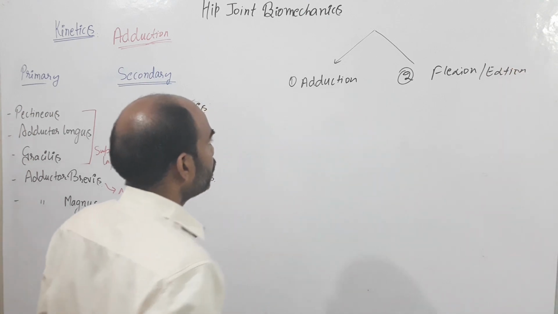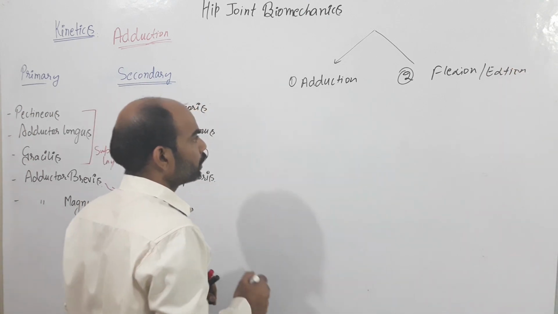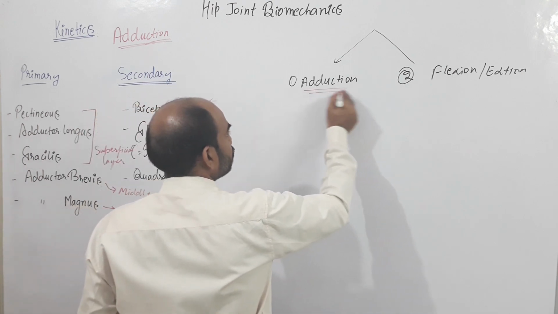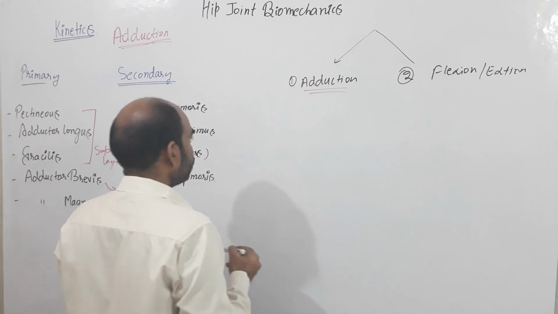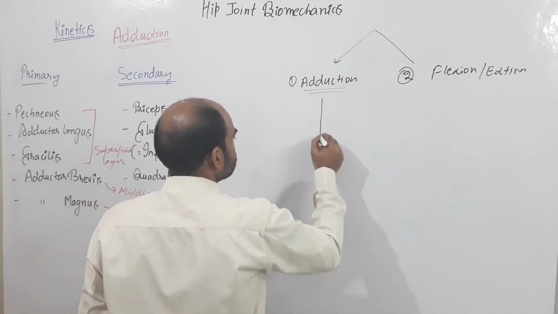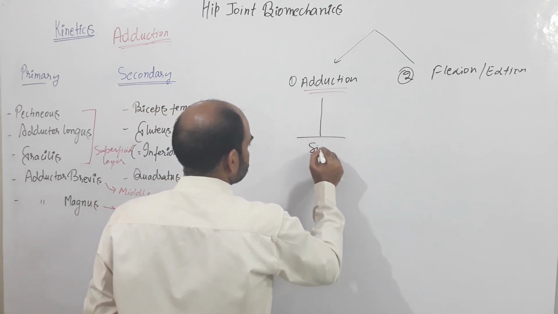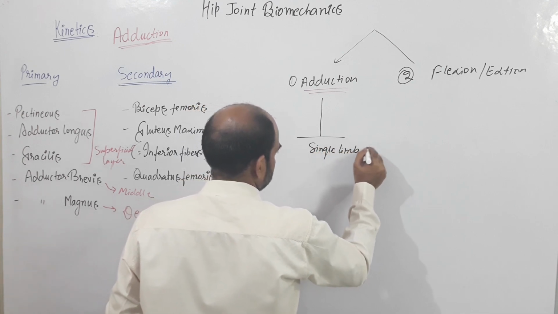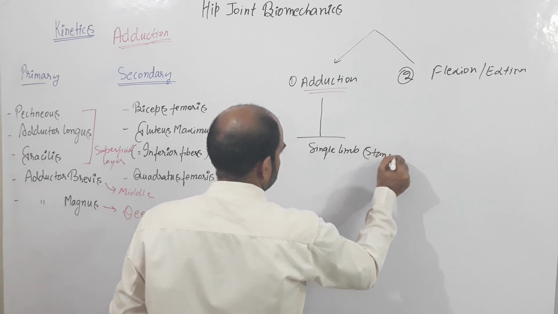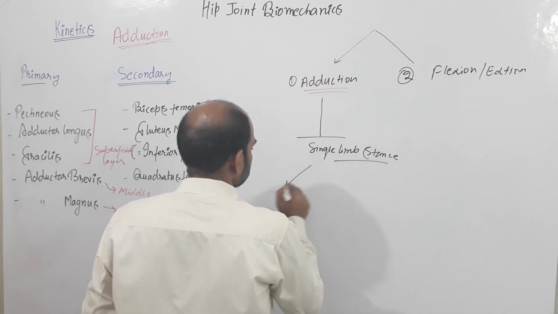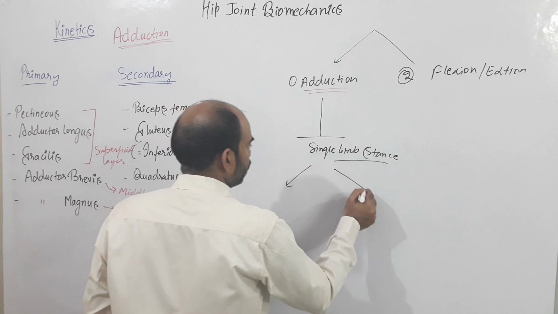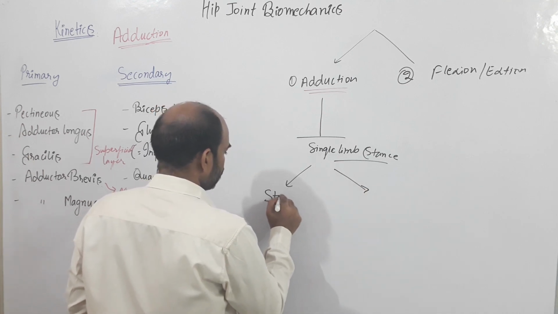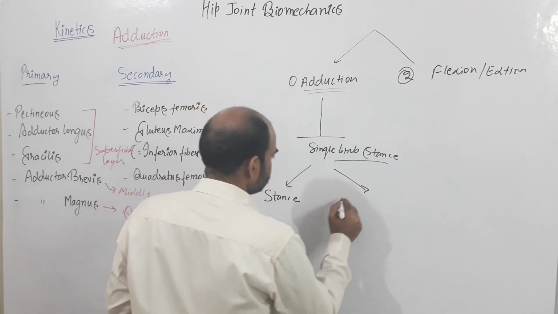First, the adduction function during the gait cycle: in single limb stance, one limb is in stance and the other limb is in swing.